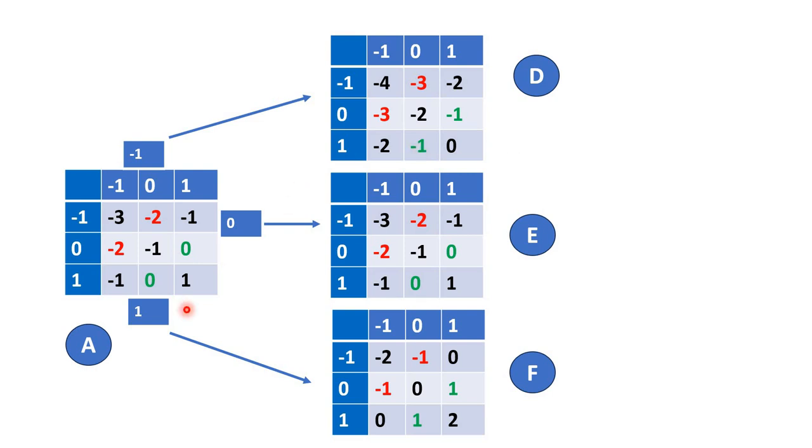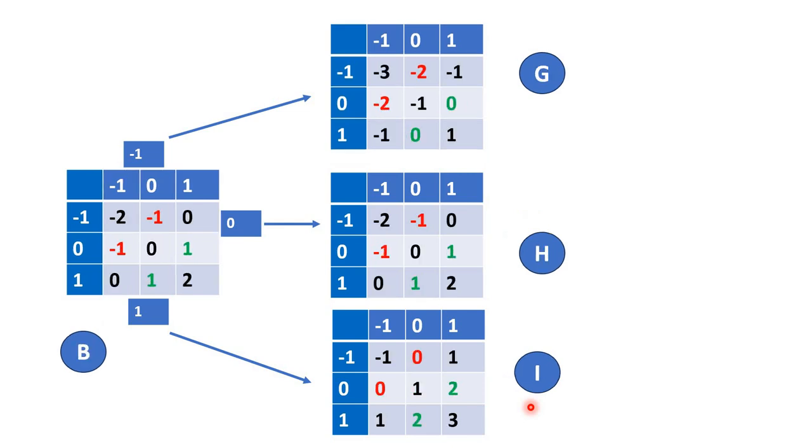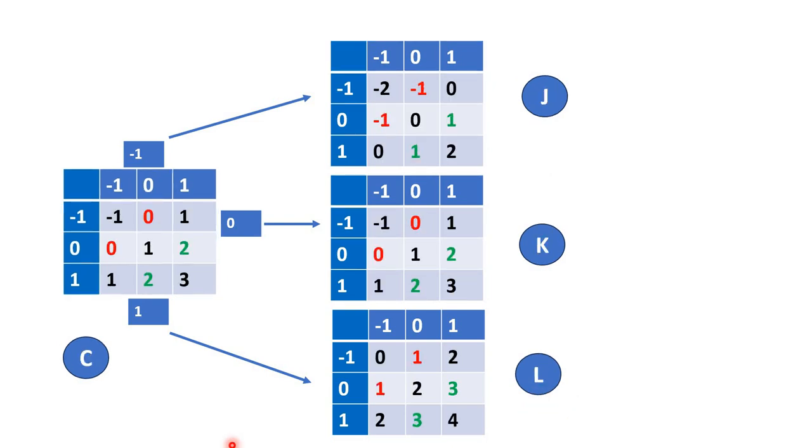We have taken A from the previous slide, and we have operated -1, 0 and +1 to give 3 new matrices D, E and F. Similarly, you have to take B and do the same, and we will get another 3 matrices G, H and I. So 3 plus 3, 6 matrices, and now we have to take the C matrix with -1, 0 and +1. That gives you another 3 matrices J, K, L.